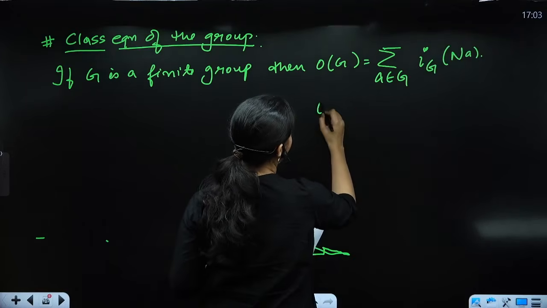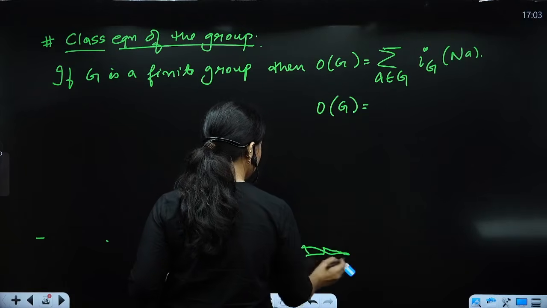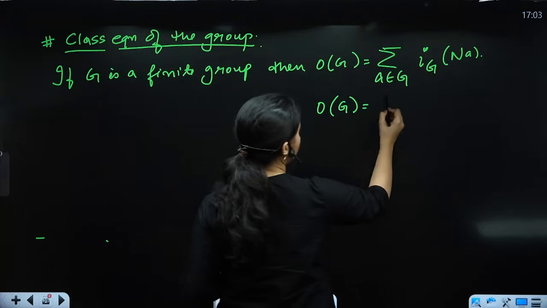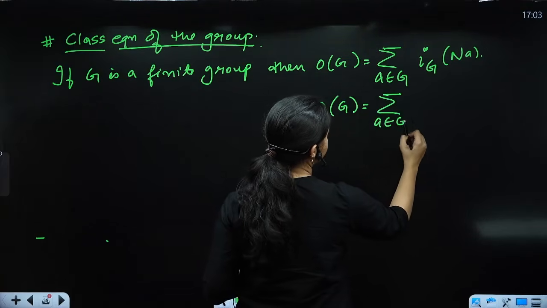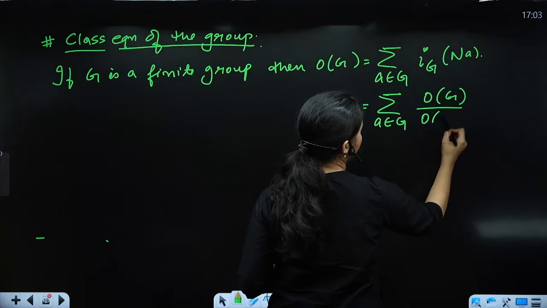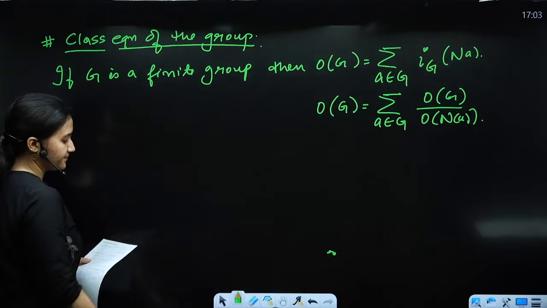That is, order of G equals the summation over A belonging to G of the index of NA. Now how can we prove it?